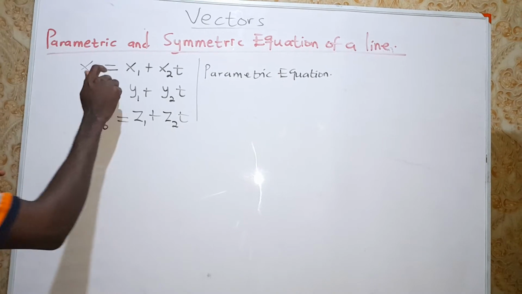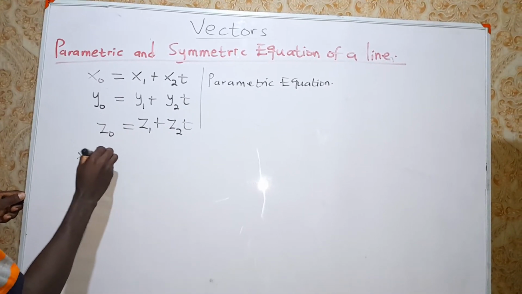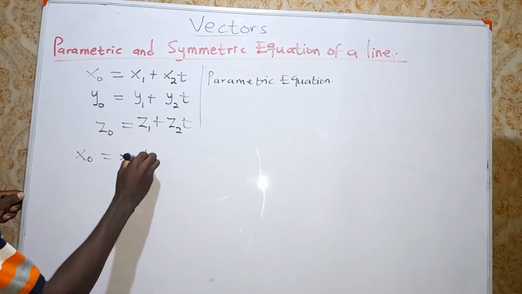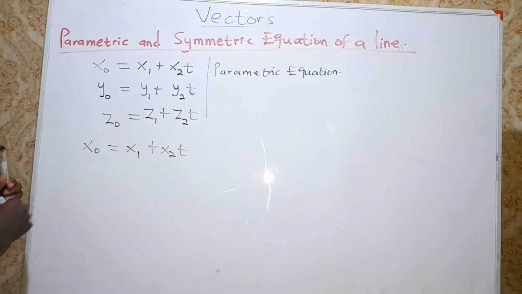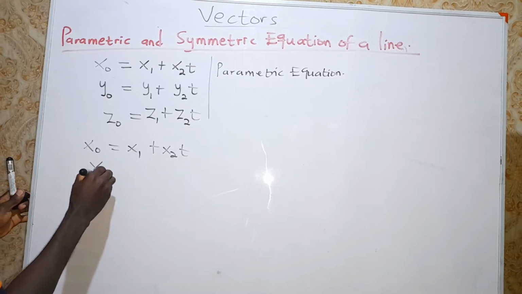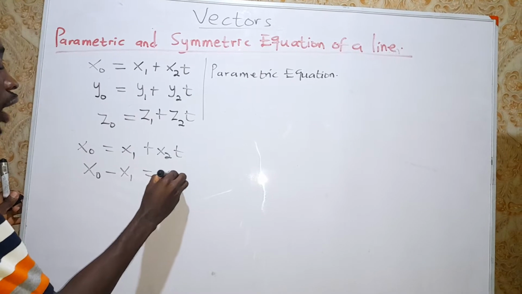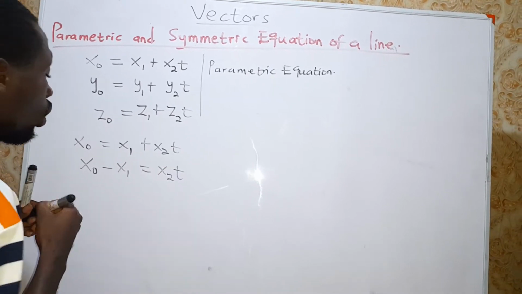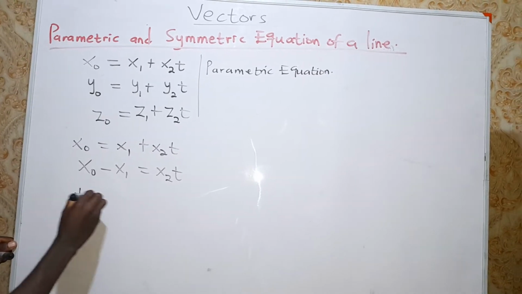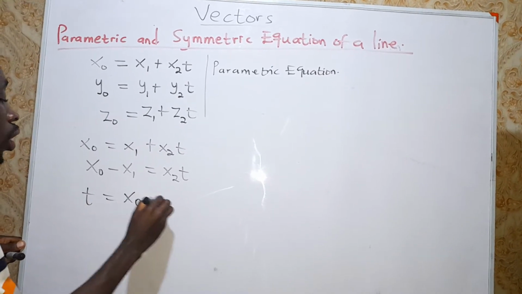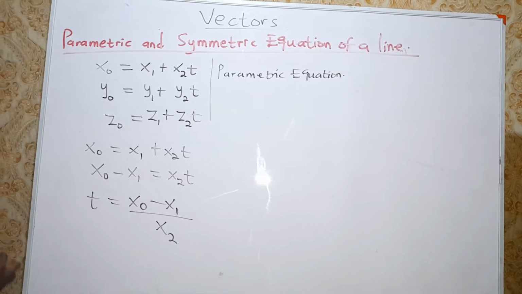So now, from our first equation, x naught equal to x1 plus x2t, we want to make t the subject. So what will we have? We'll have x naught minus x1 equal to x2t. When I divide both sides by x2, I'll get t equal to (x naught minus x1) over x2.